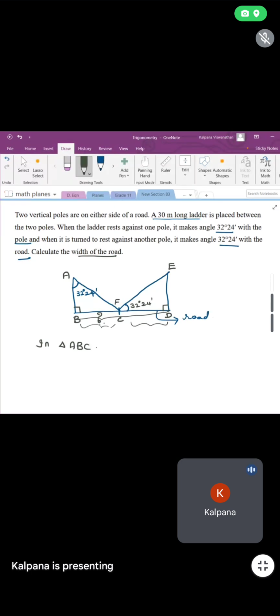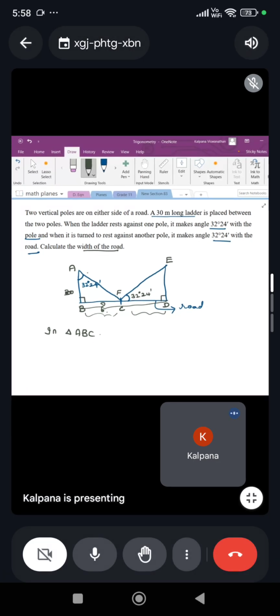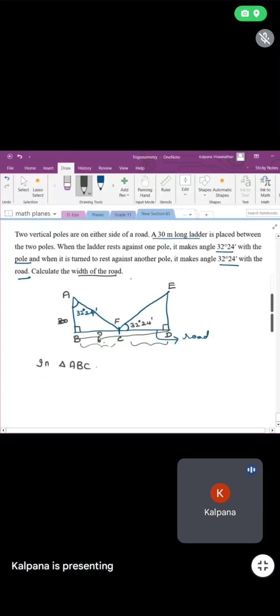We want BC. The ladder is 30 meter. A 30 meter long ladder is placed between them. So the length of the ladder is 30 meter. This is 30 and this is 30. Now tell me which we need to take. Sine or tan or cos, what it is?